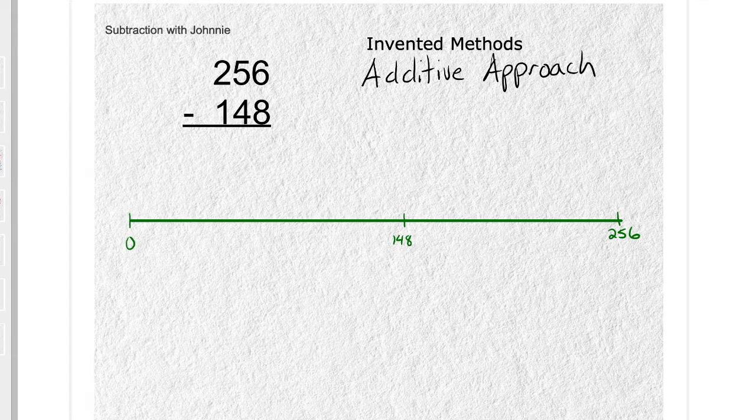We are remembering that 256 is the minuend, and 148 is the subtrahend. The reason we care is that we're looking for the difference between the two.